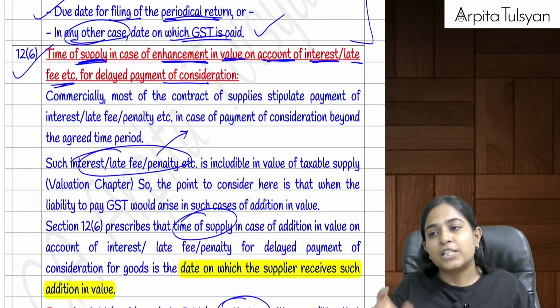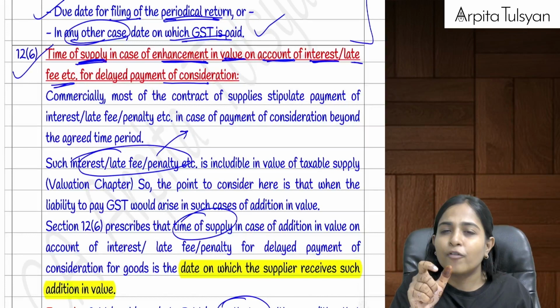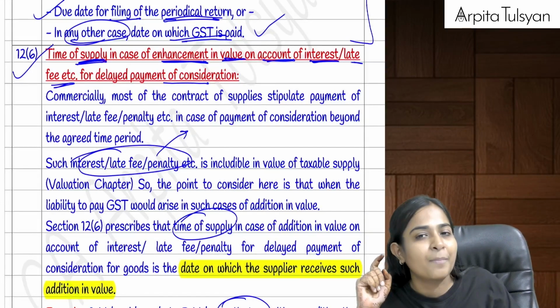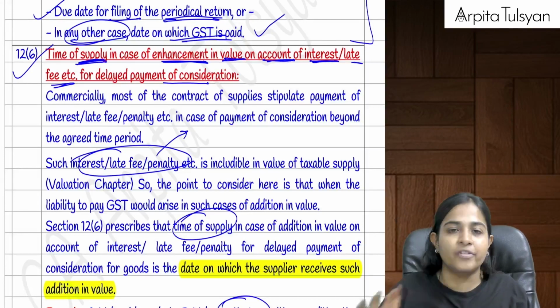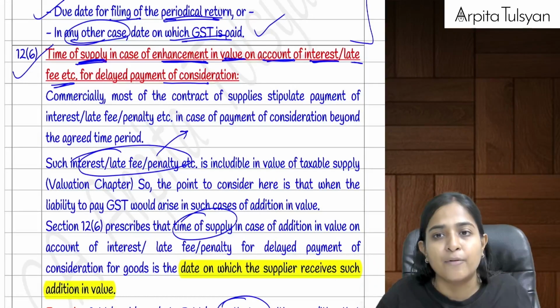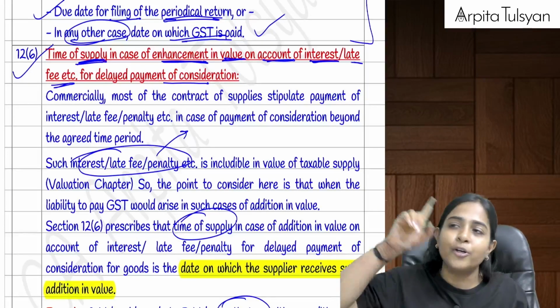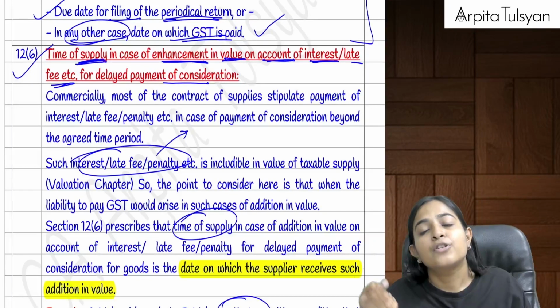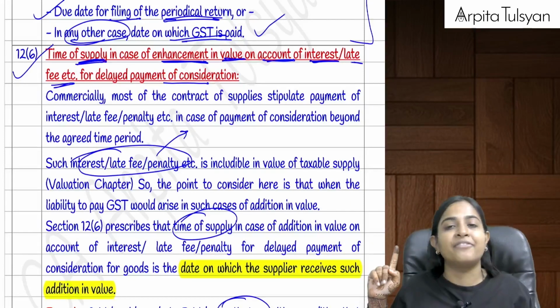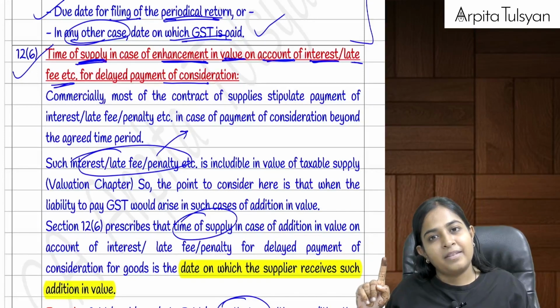Then for that 11,800, or the 10,000 value of goods, time of supply will be calculated as per section number 12.2 or 12.3, forward charge or reverse charge, or as per the other provisions of section number 12. But for that 5,000, I am going to receive it late, so the time of supply will be the date when we actually receive that 5,000. Are you clear with this?